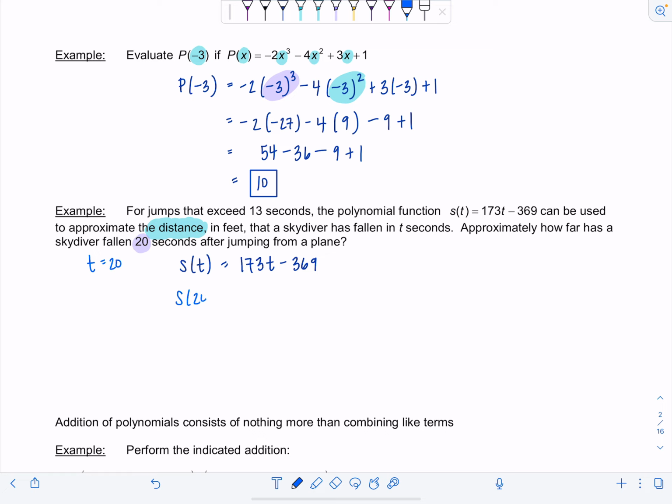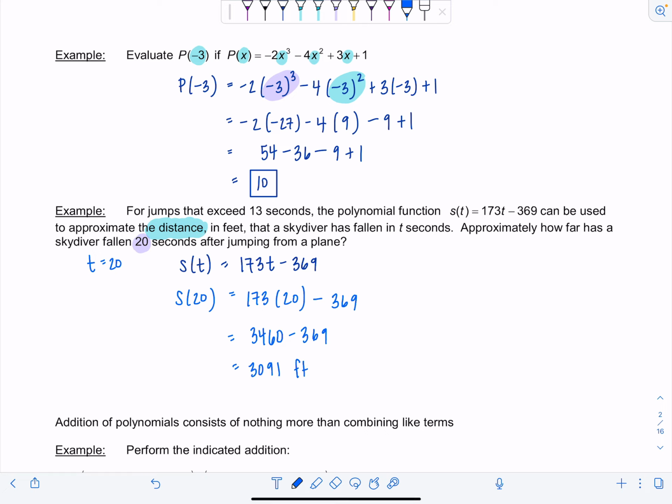So s of 20 is going to be 173 times 20 minus 369. All right, so 173 times 20 is 3,460, minus 369, and we get 3,091 feet.